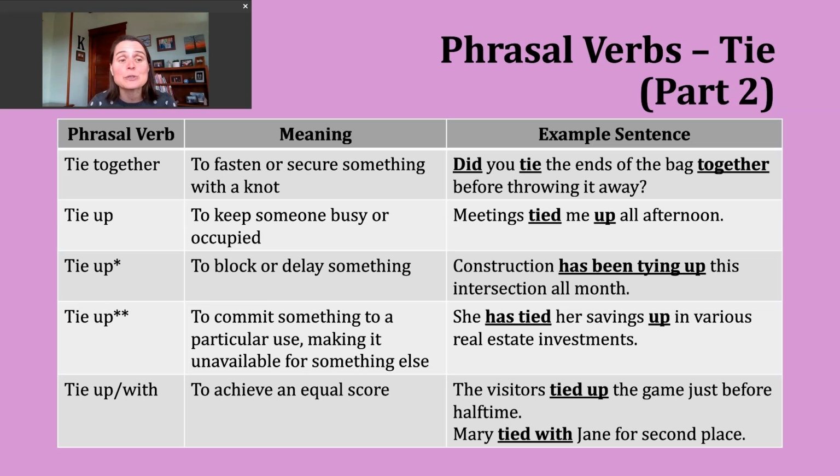A second way to use tie up can mean to block or delay something. An example of this: Construction has been tying up this intersection all month. So you might hear this phrasal verb tie up used frequently to talk about traffic. Has been tying up is an example of the present perfect progressive or present perfect continuous.